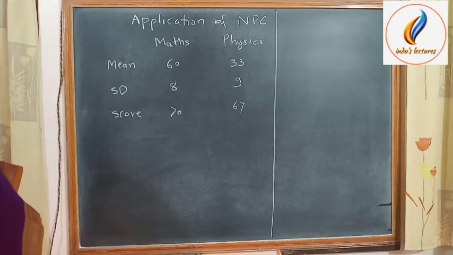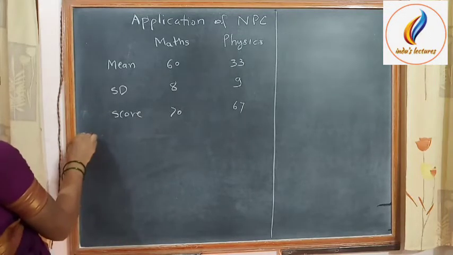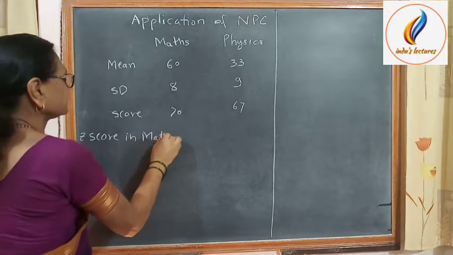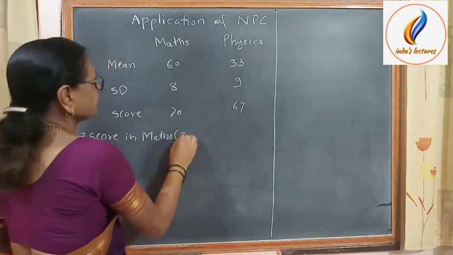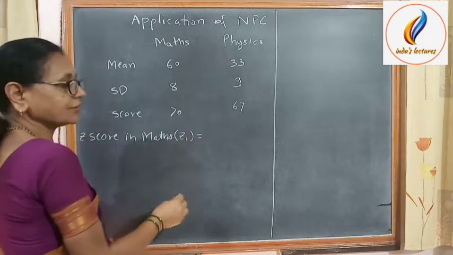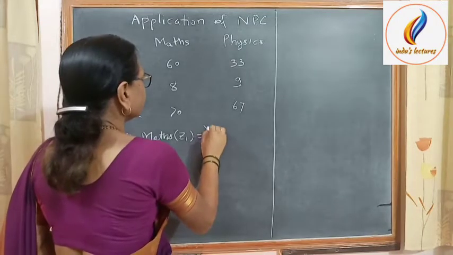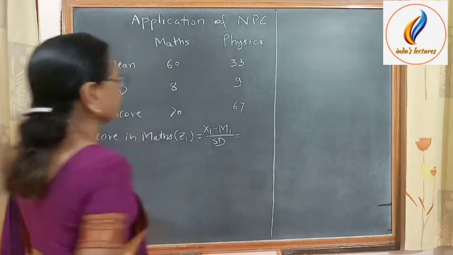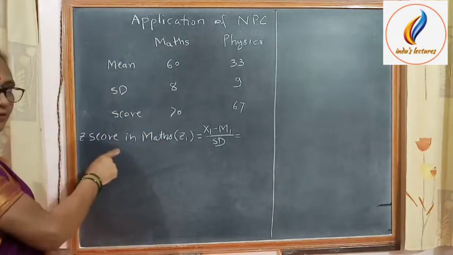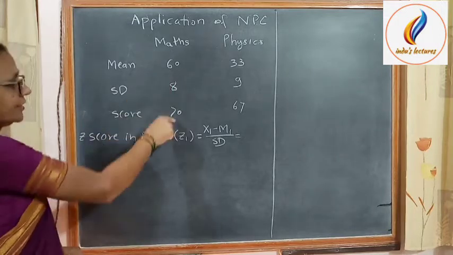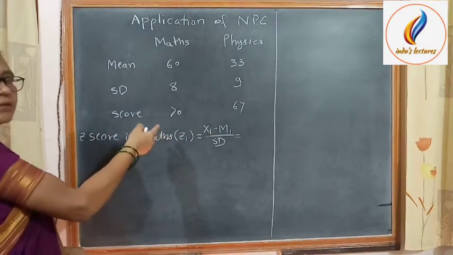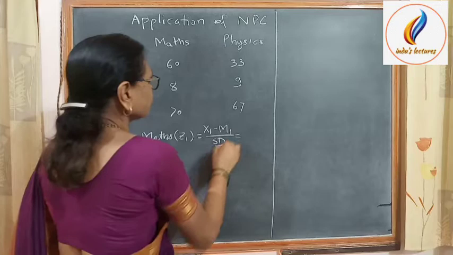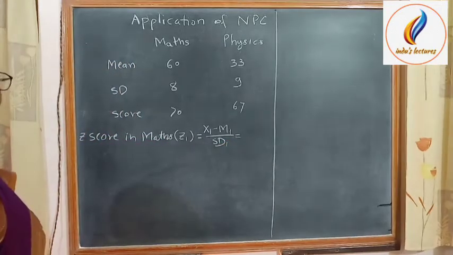The Z score of the student in mathematics, denoted by Z1, can be calculated by x1 minus M1 upon SD1. Now x1 means the raw score of the student in mathematics, M1 means the mean of mathematics scores, and SD1 is the standard deviation of the scores in mathematics.